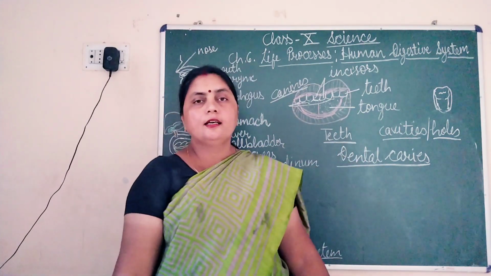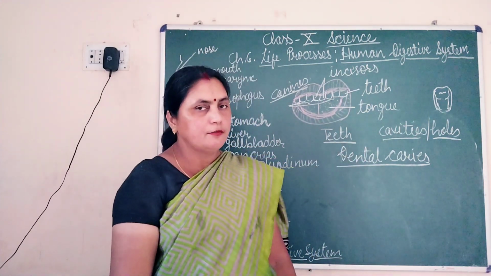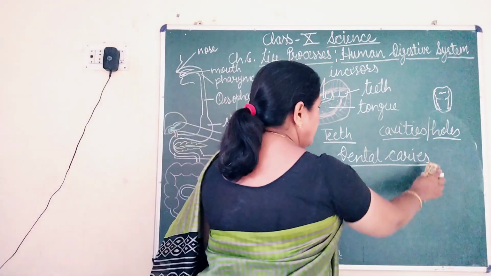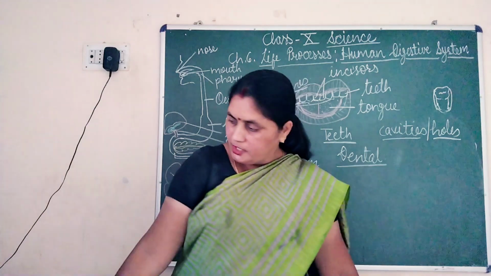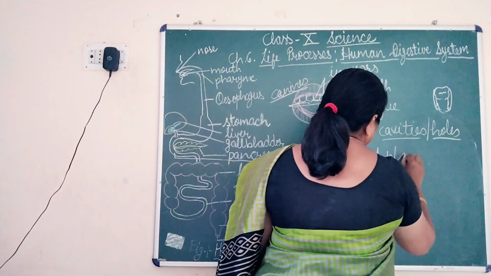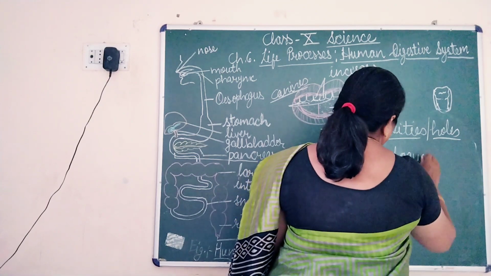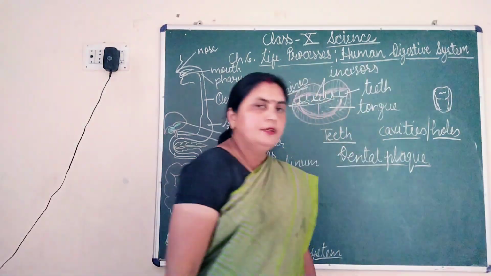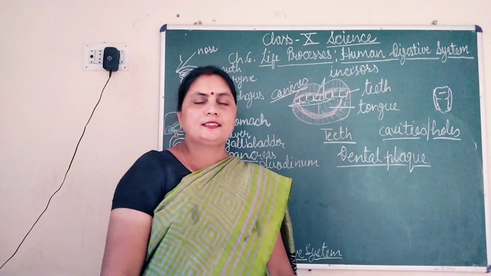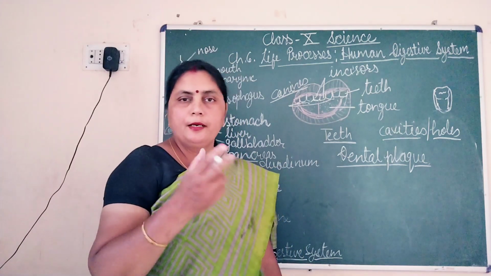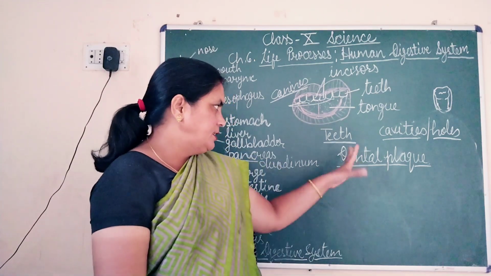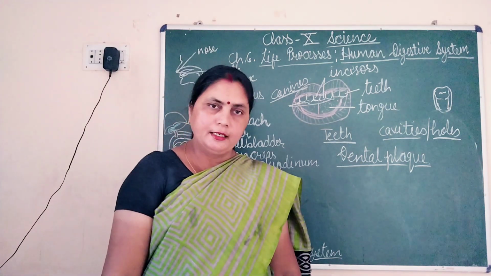So we should take care of proper cleanliness of our teeth so that we may not have this problem. Also there is another problem related to teeth, that is dental plaque. Whenever teeth are not cleaned properly, then sometimes a yellowish sticky layer of food and bacteria is deposited on our teeth, and this layer is called dental plaque.